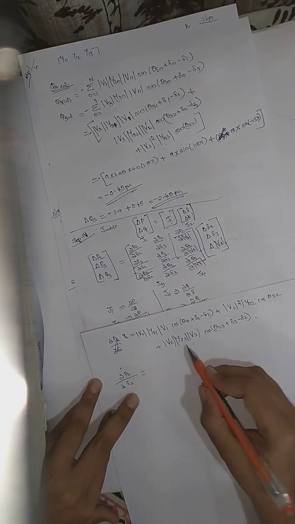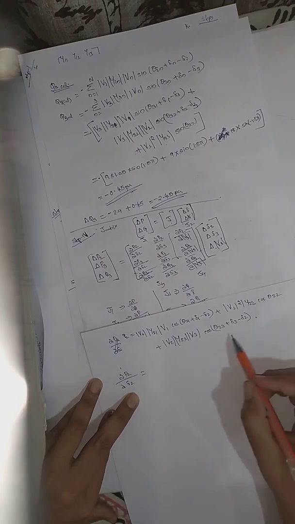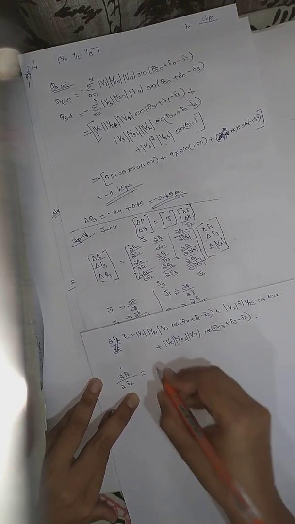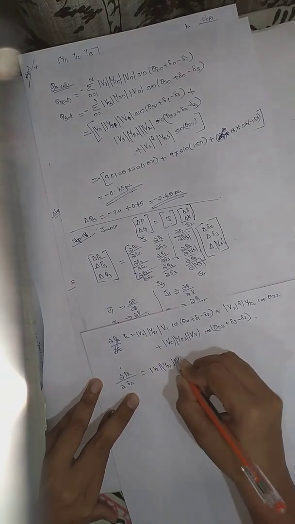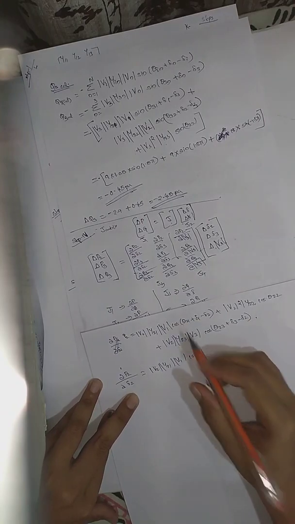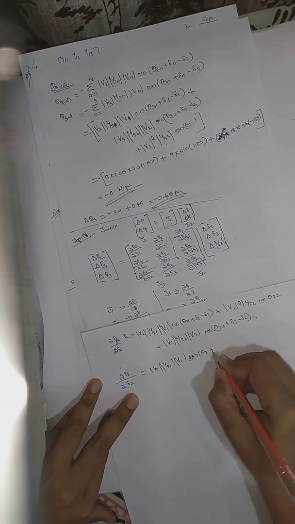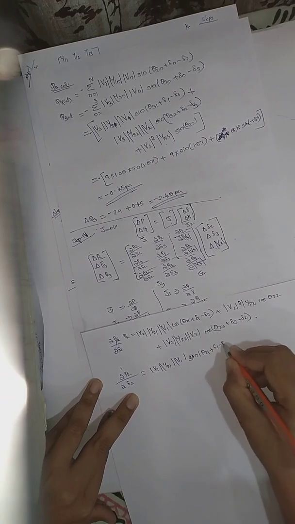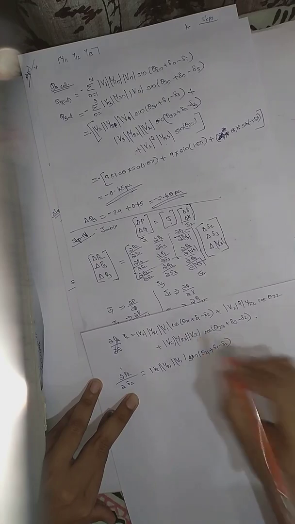Everywhere there is a delta 2 except in this term. So V2 Y21 V1, and the differential of cos is minus sin, so sin of theta 21 plus delta 1 minus delta 2, and the minus sign will become plus.